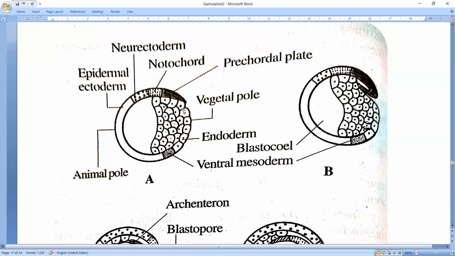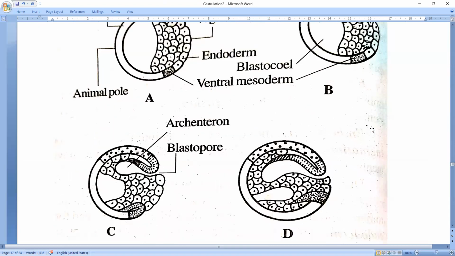Right. So what happens here? Invagination takes place, particularly at the gray crescent area, where a narrow groove is found. Gradually the macromere area, this total layer of cells, will be invaginated into the blastocoele, into the embryo.